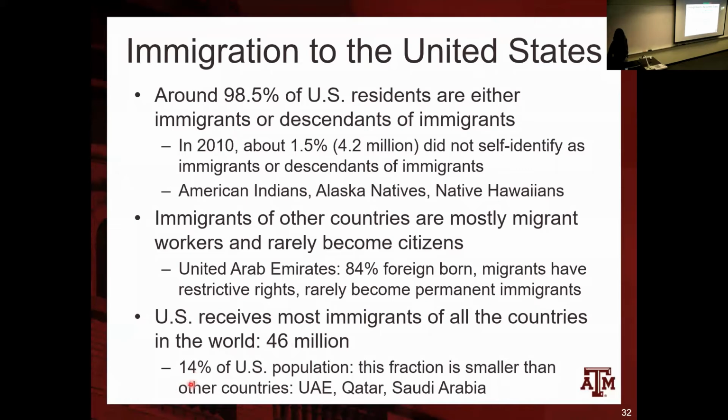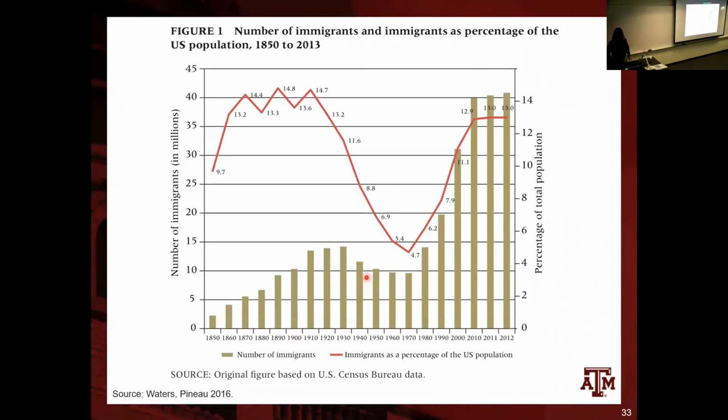This 14% is smaller than the 84% of foreign-born people living in the United Arab Emirates, in Qatar, and also in Saudi Arabia. So these other countries have a higher share of the population born outside of their territory, but these people don't have as many chances of becoming permanent residents as immigrants in the US.